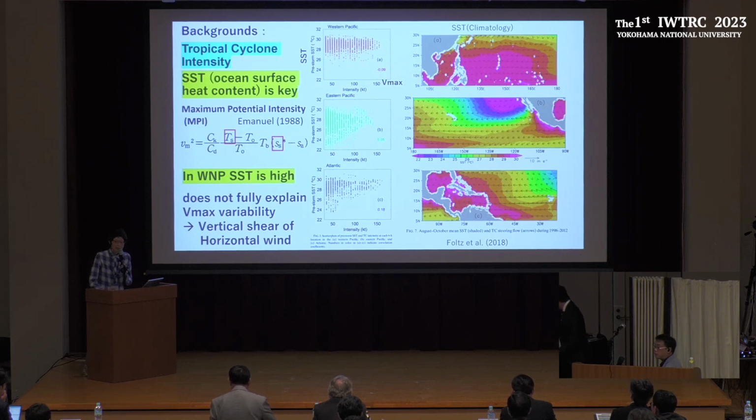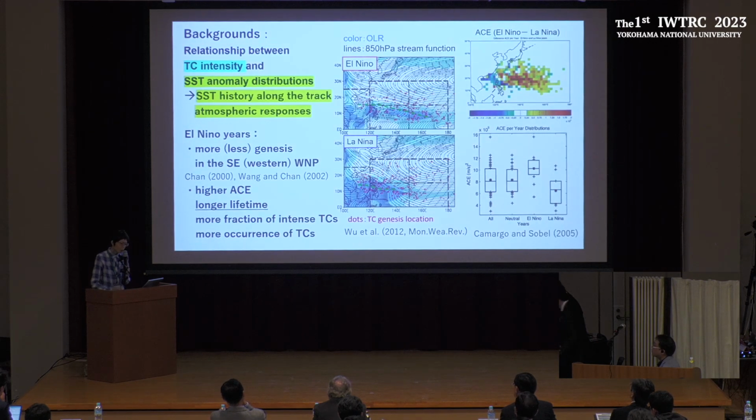Vertical shear of the horizontal wind also has great effects. And SST affects tropical cyclone intensity not only beneath the tropical cyclone, but also through atmospheric responses to the sea surface temperature distribution.